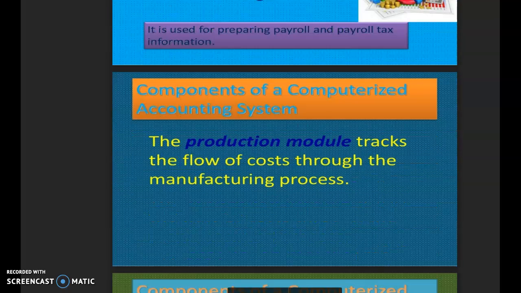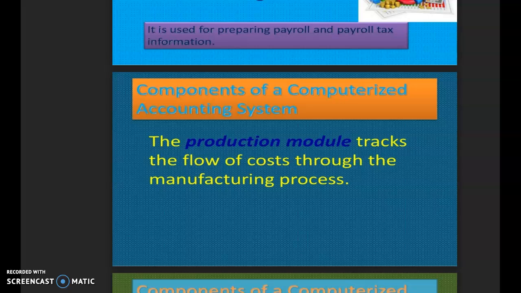The other important area where the AIS helps is the production of an organization. The production module tracks the flow of cost through the manufacturing process. We all know that cost of production is a very important element in the determination of the selling price of an organization.